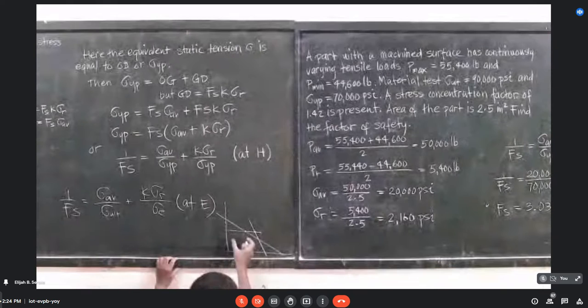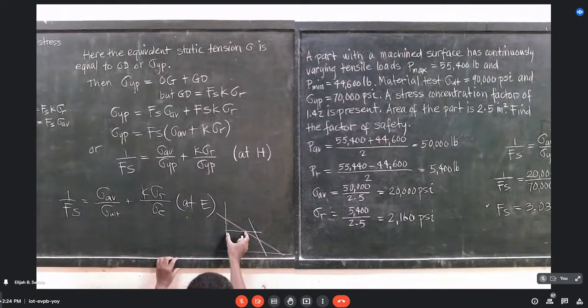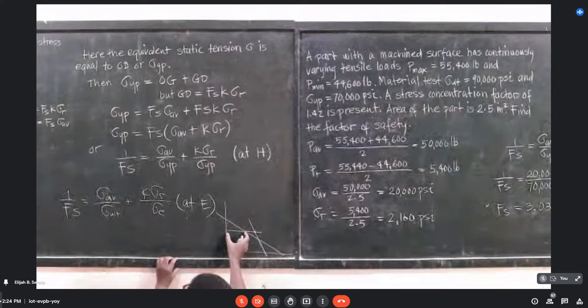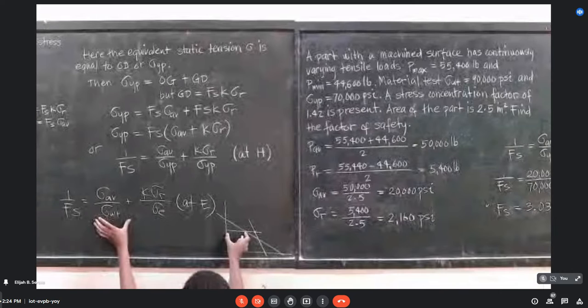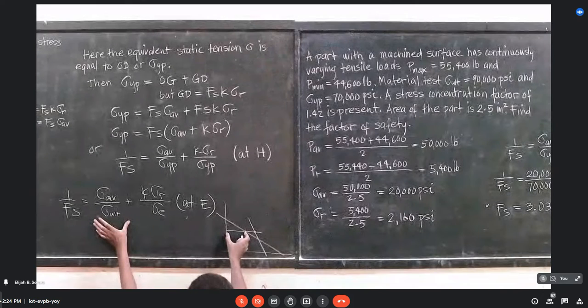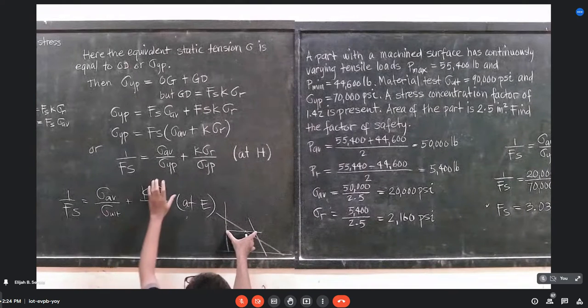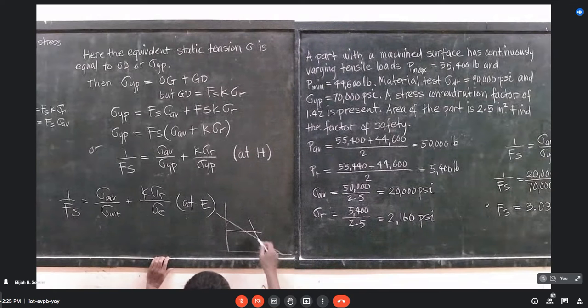And you are going to find out that this value, the factor of safety average you got using this equation, is less than the factor of safety average you got using the other equation. So in other words, this one is correct. This is the one that is consistent.